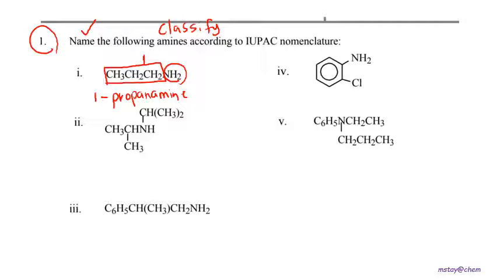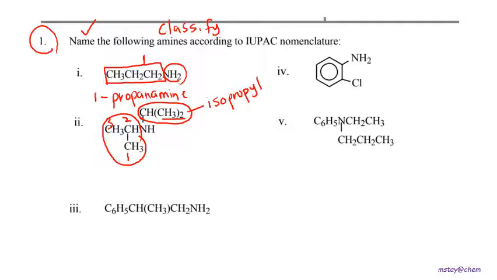Second structure, we have 2 groups. This one is the straight chain, and this one is a branch. This branch will become the substituent and is known as isopropyl because it has 2 CH3. And then here, first carbon, second carbon, third carbon.